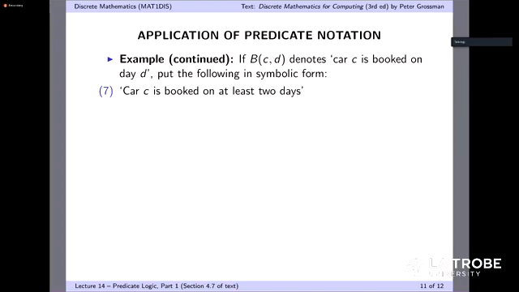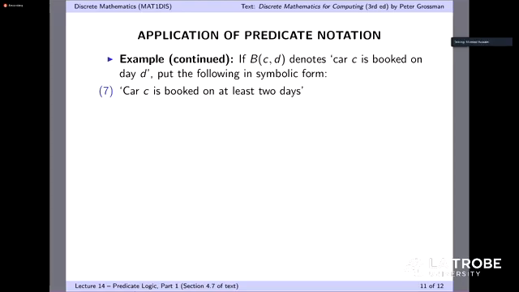Oh, it's at least 2 days. Exactly. I have to say that the days are different. So that means I have to say that D1 is not the same as D2. I have introduced another symbol here. When you put a line through equality, that means not. So these are not equal.